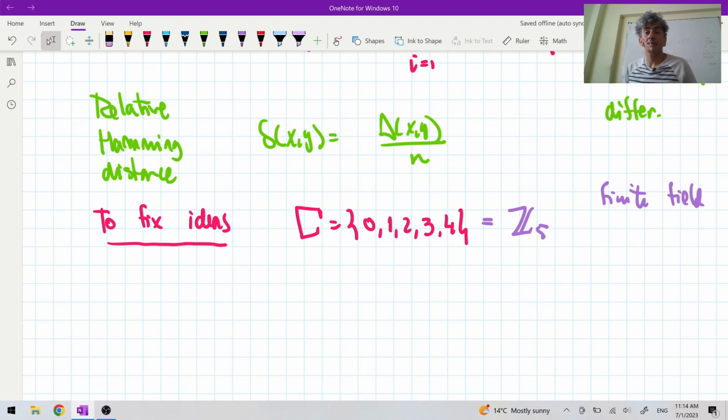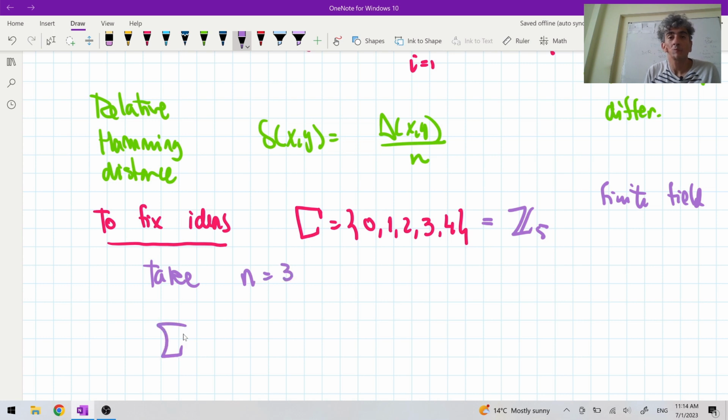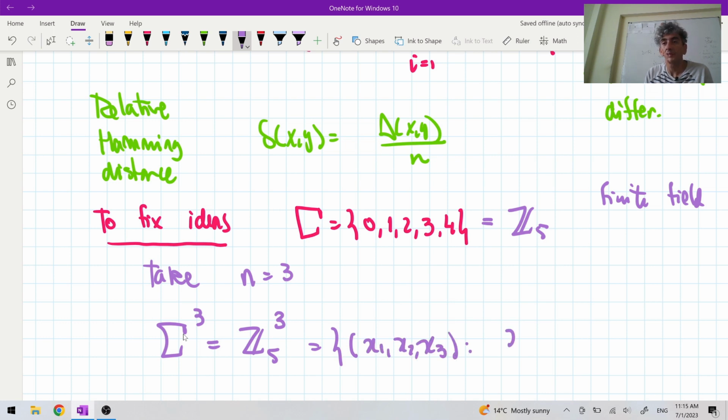And let's take a block length of n equal to 3. So this is simply vectors of 3 slots, x1, x2, and x3, such that each of the entries is an integer between 0 and 4, right?